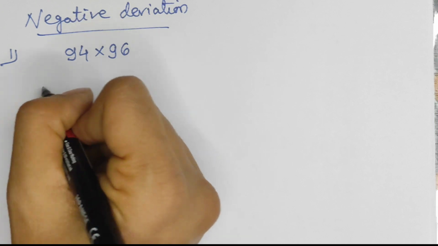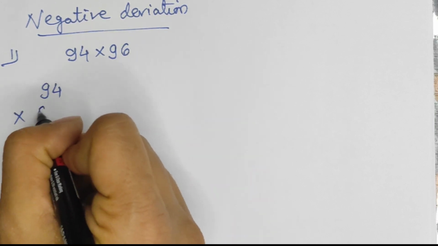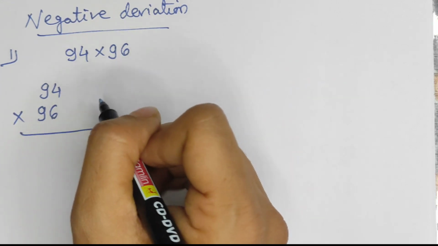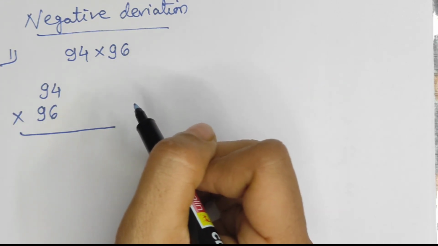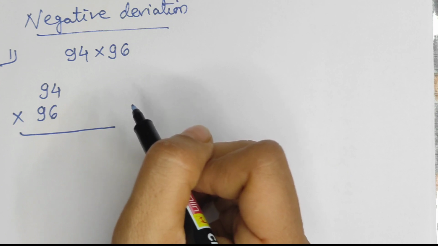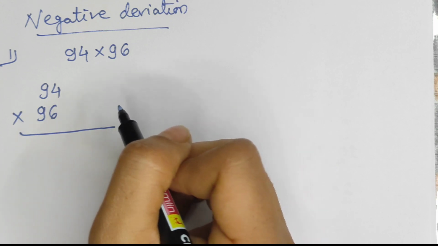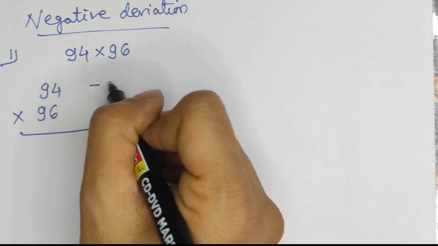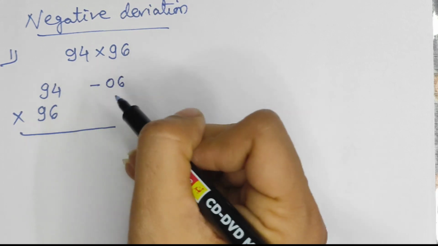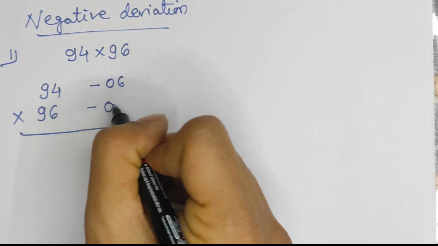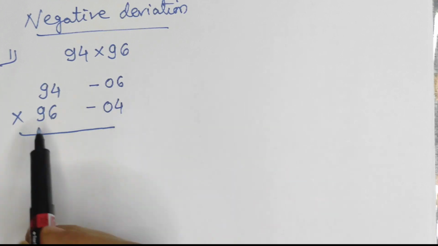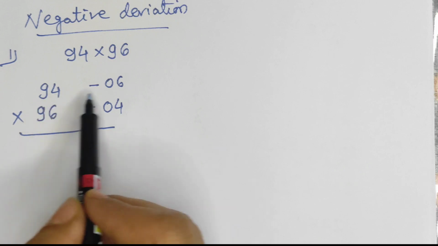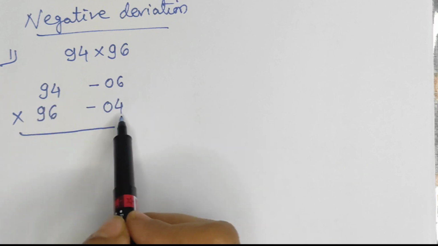We write down the numbers 94 and 96. Here the base is 100, so two digits will be placed on the right side. Minus 6 and minus 4, because 100 minus 94 gives 6 and 100 minus 96 gives 4.